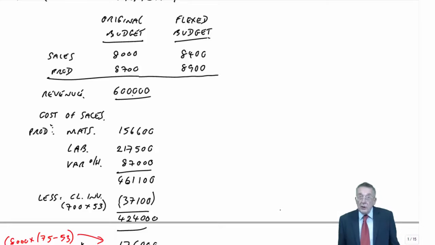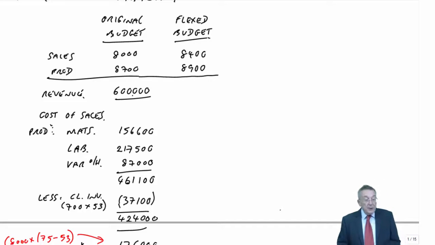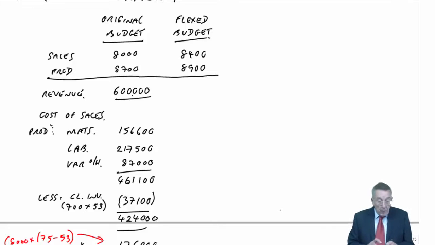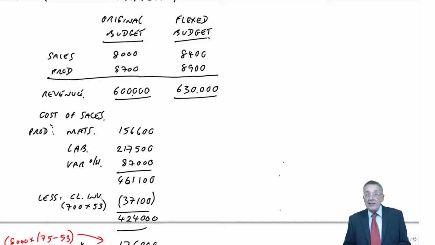What costs would we now expect? And so again, check my figures. But the sales revenue, we actually sold 8,400 units. We should be selling at 75 a unit. So for our level of sales, we should be generating 630,000.